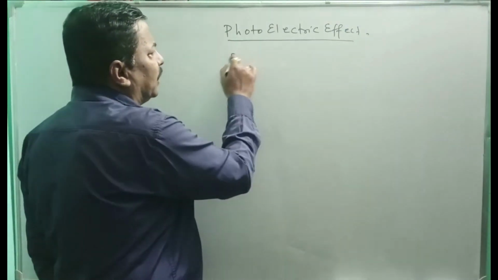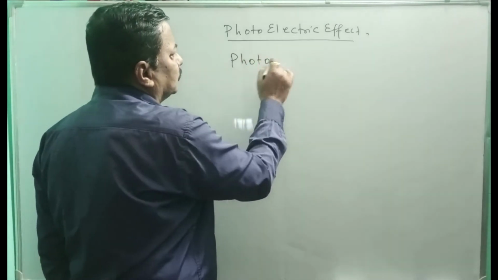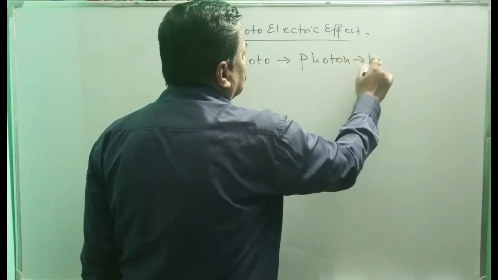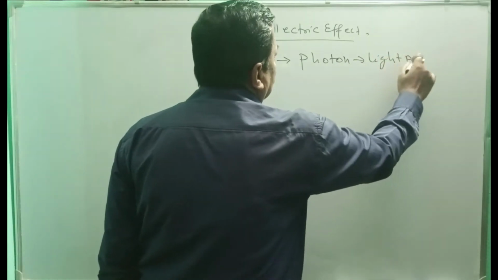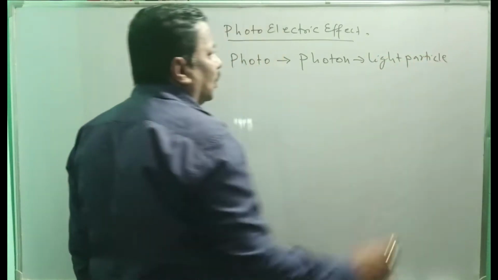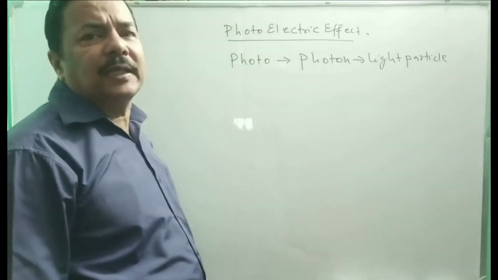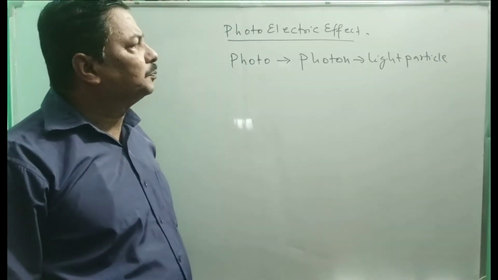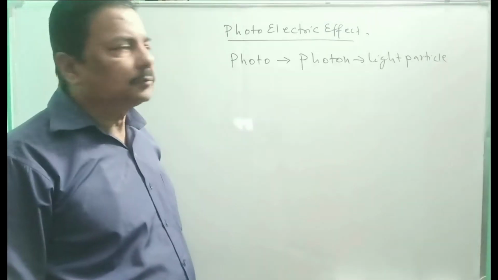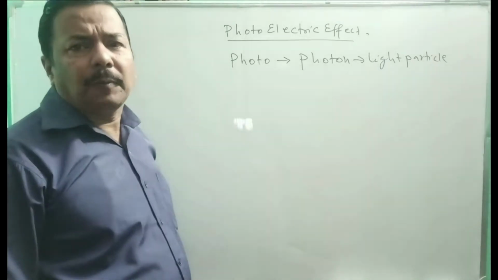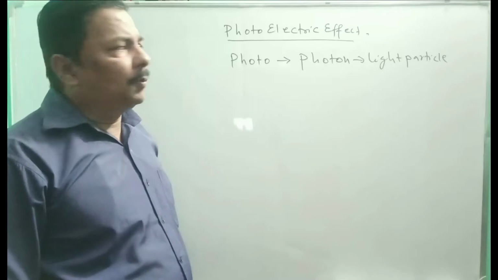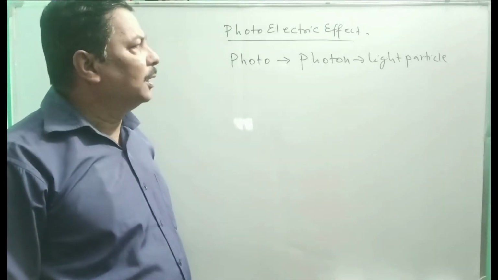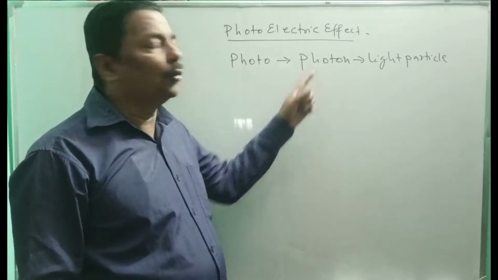Photo is related with light. Photoelectric effect is explained on the basis of modern theory, that is particle nature of light. Newton gave the corpuscular theory, but the particle of Newton was different from the particle that we call as photon.